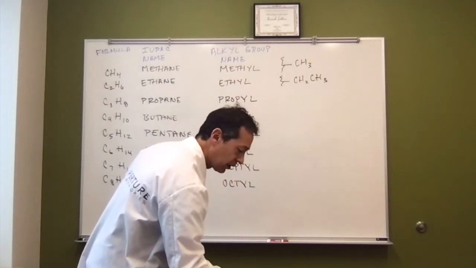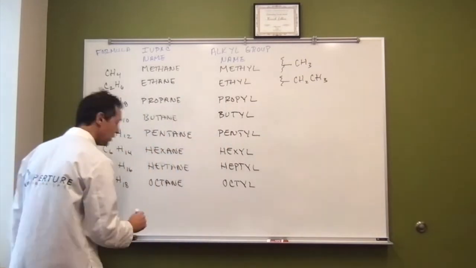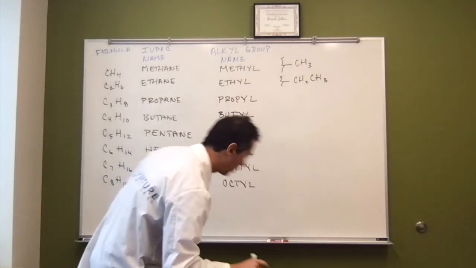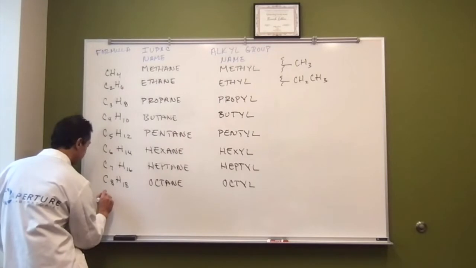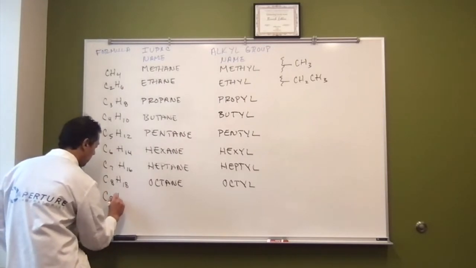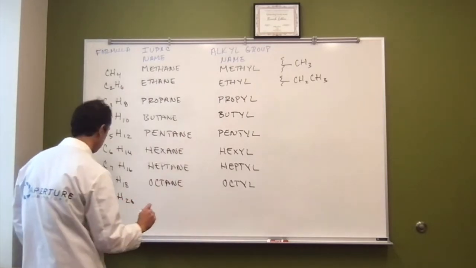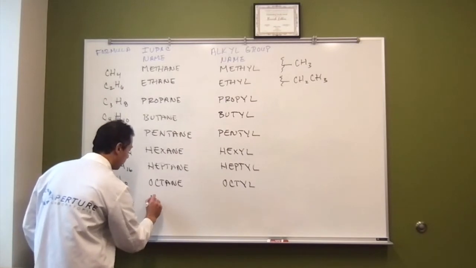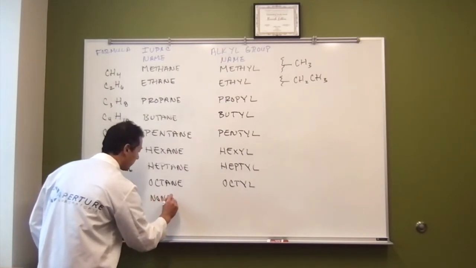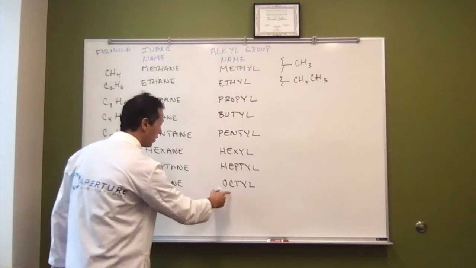And then we have C9H20, and this becomes nonane, and this becomes nonyl.